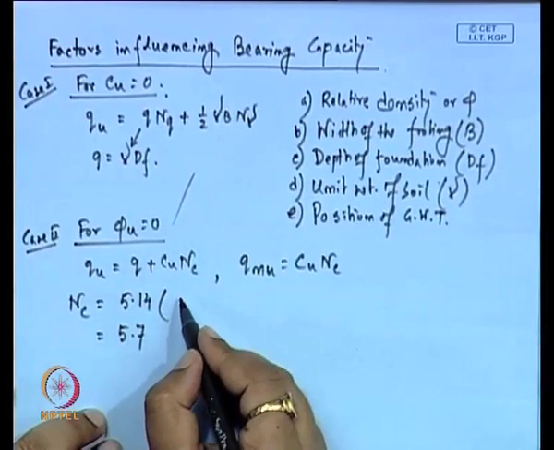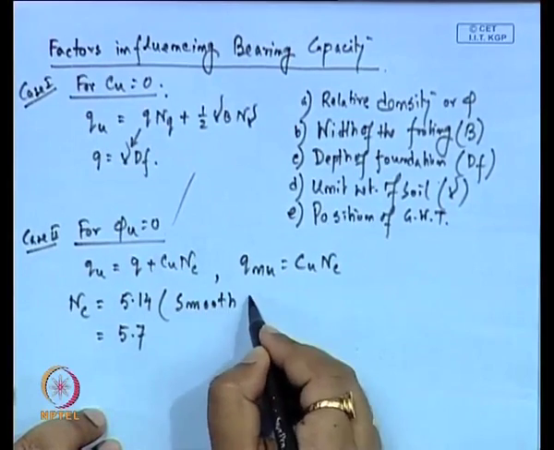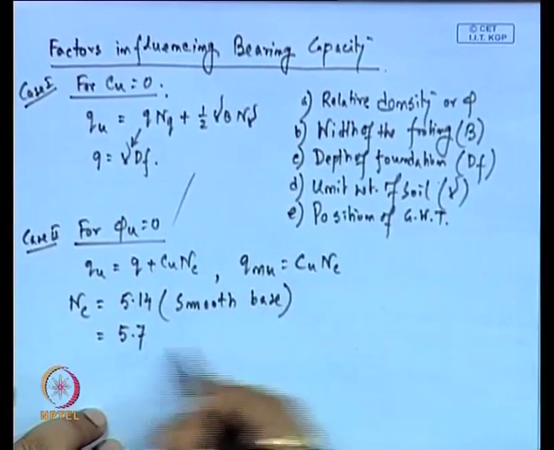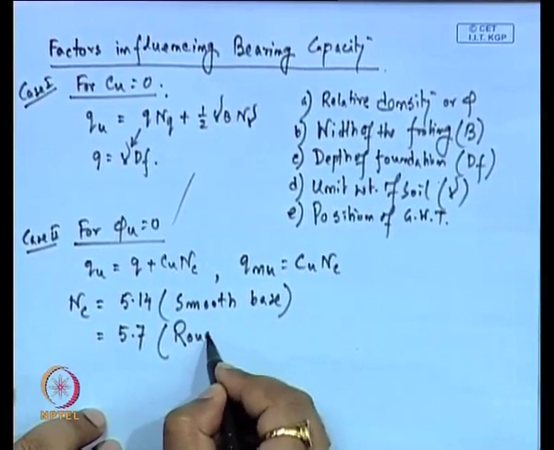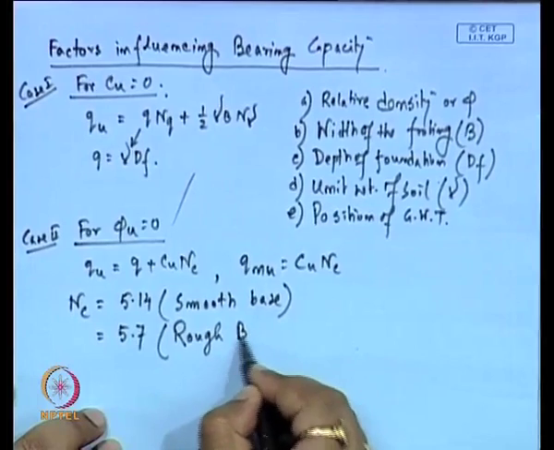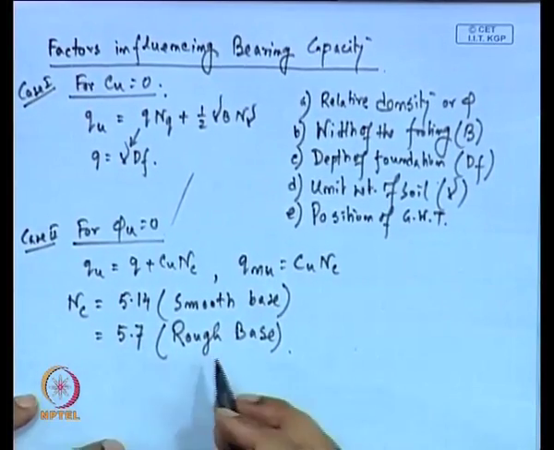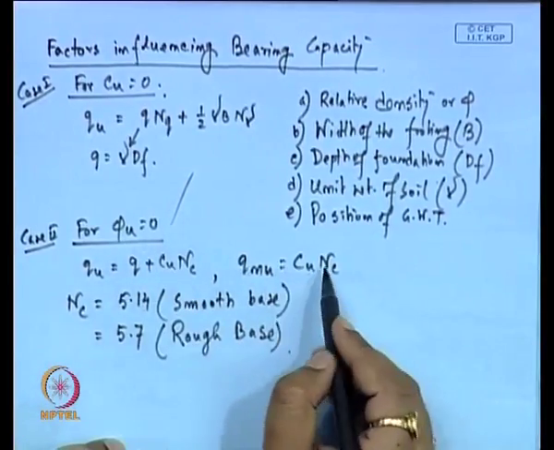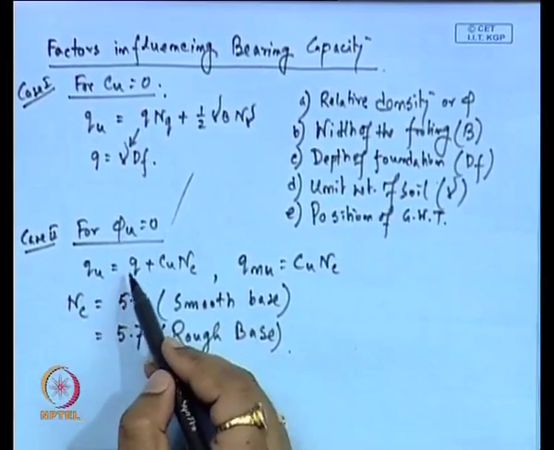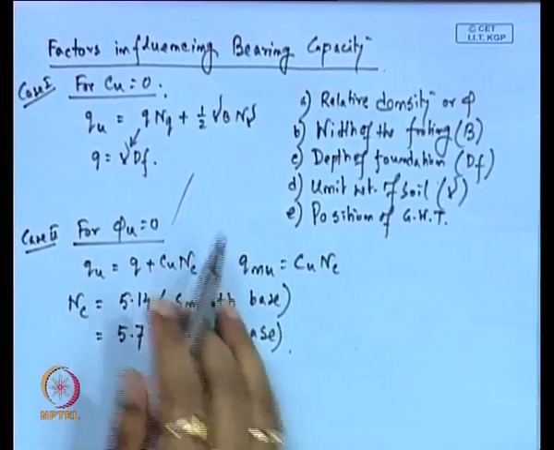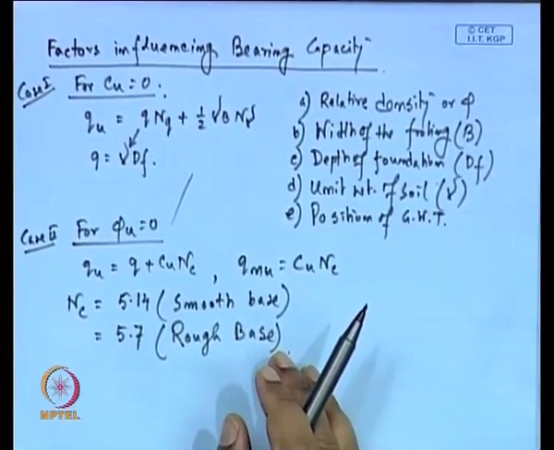Now, this 5.14 is for the smooth base of the foundation, and 5.7 is for the rough base of the foundation. So, from this we can say that we consider two expressions: one is the ultimate load carrying capacity of the soil, and the next is the ultimate bearing capacity of the soil.